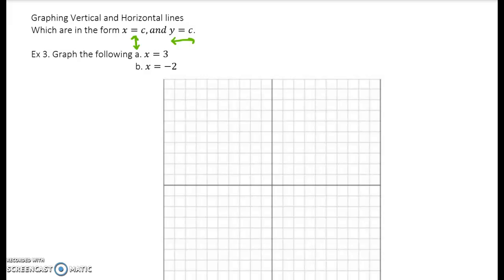X equals 3, so that's a vertical line going through 3. So we're going to go ahead and label.